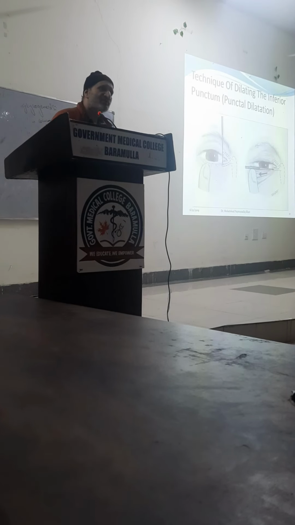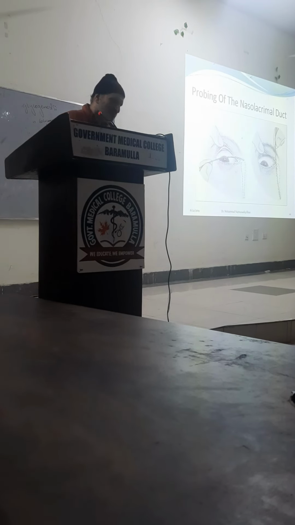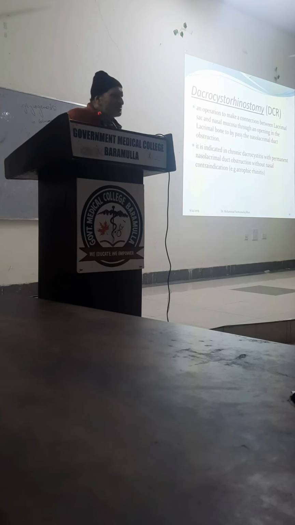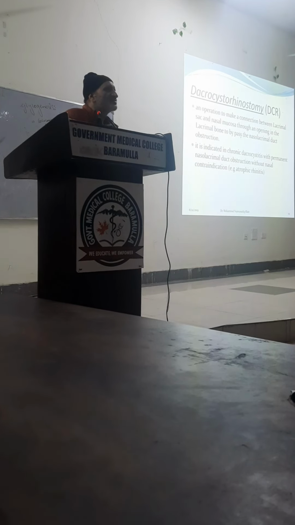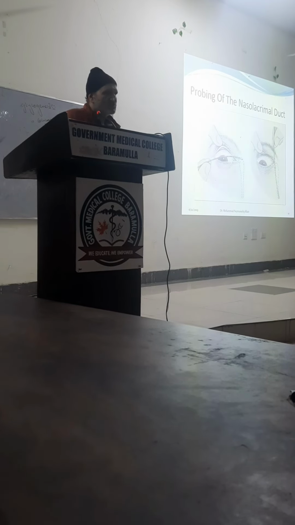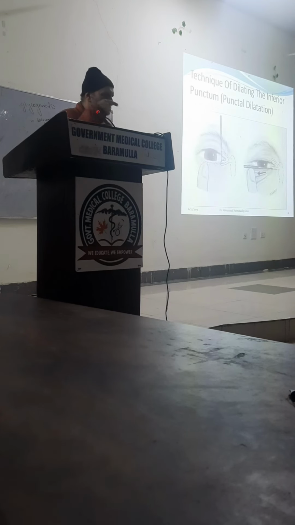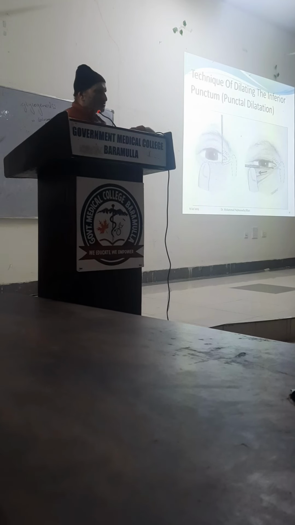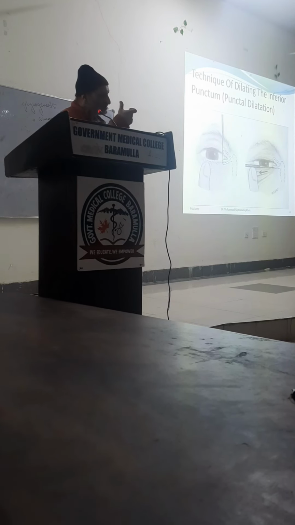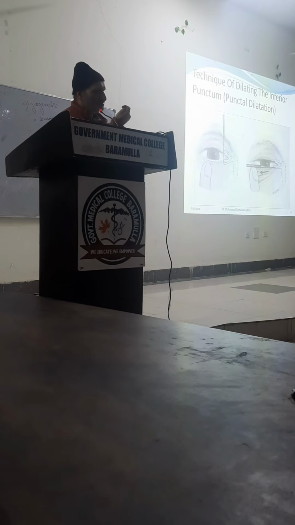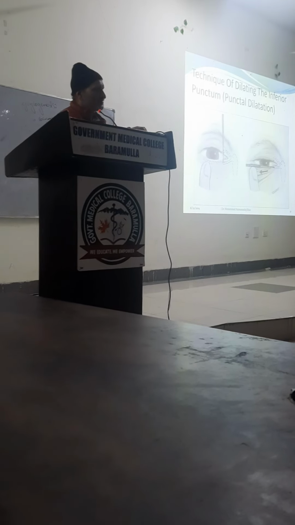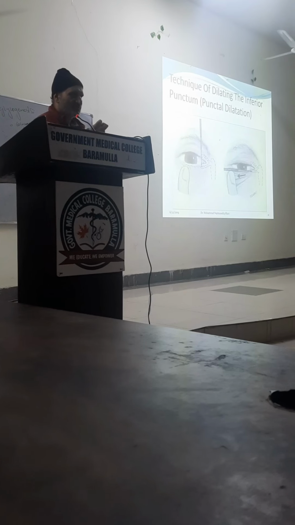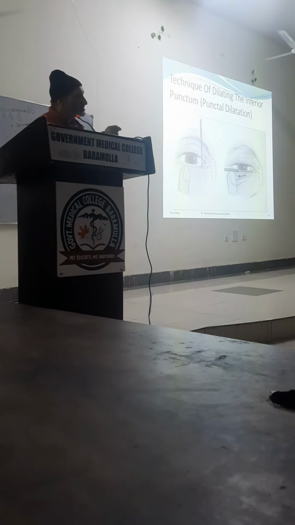Suppose we do a syringing and fluid does not go down into the throat or into the nose. That means the nasolacrimal duct is obstructed. You can have a common canaliculus obstruction. The fluid passes through the canaliculus to the common canaliculus, but it does not go into the sac. It stops at the common canaliculus. Once we do a syringing in them, it will come immediately from the upper punctum with a clear fluid. This is called a soft stop.